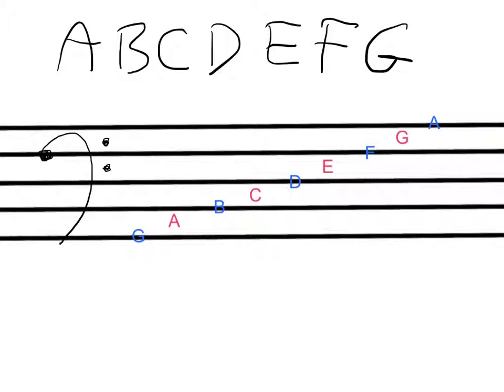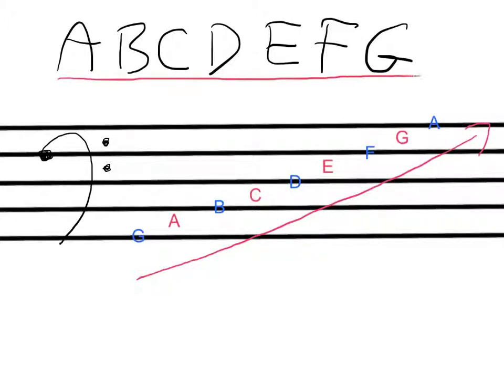So on the music staff, as we go up on the staff in this direction, the letters just go forward in the alphabet. So in other words, we have A followed by B, C, it just goes up by the alphabet. So after this A up here, we would have a B, and then it would go C, D. It would just keep following the alphabet.